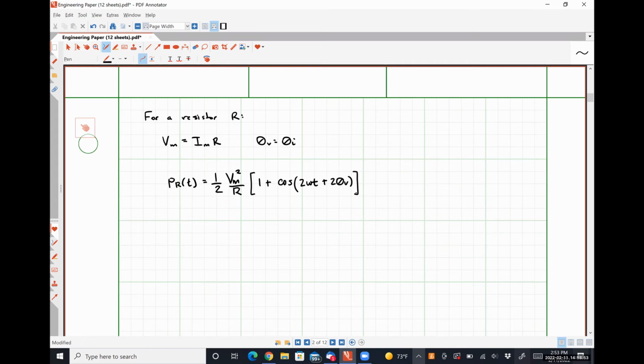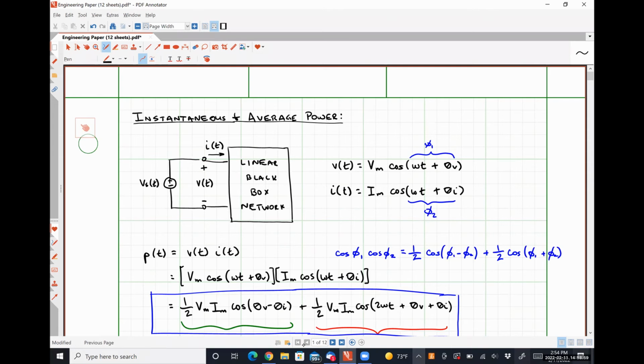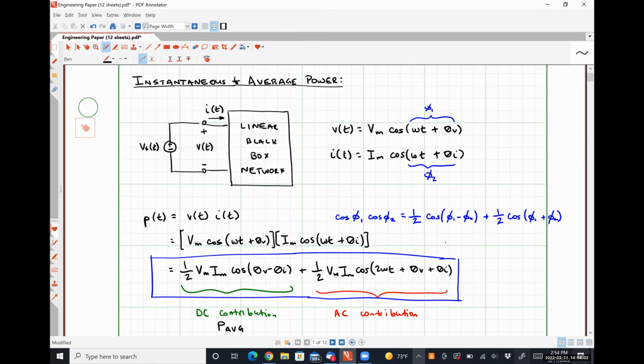So let's talk about where this came from just real quick. I'm going to scroll up to my original equation. So obviously, if Vm is equal to Im times R, then Im is equal to Vm over R. And making that substitution, I have 1/2 Vm times Vm over R, which is where my Vm squared over R bit comes from. Okay, that part's pretty easy to follow.